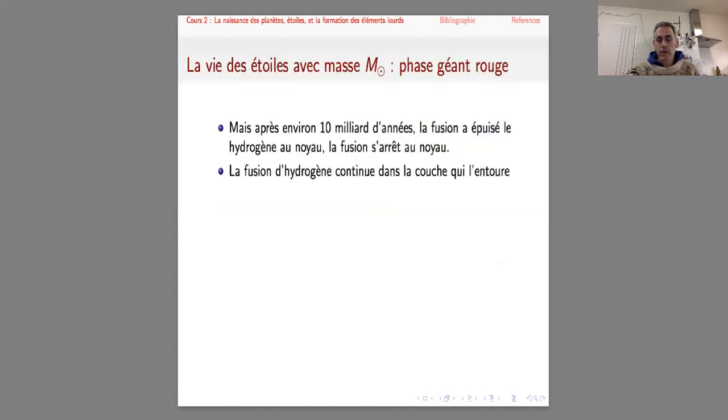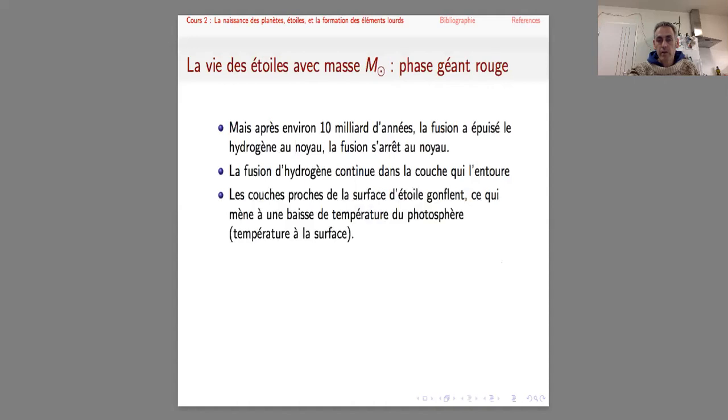It's increasing because the inner temperature is increasing, and also the surface area of the star is increasing, and therefore you have more surface to emit light from. But because the temperature is dropping near the surface, the color of the star will also evolve towards the red.